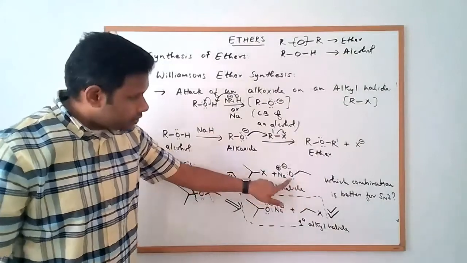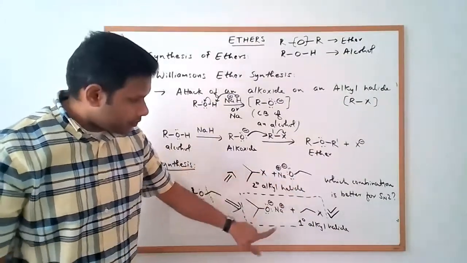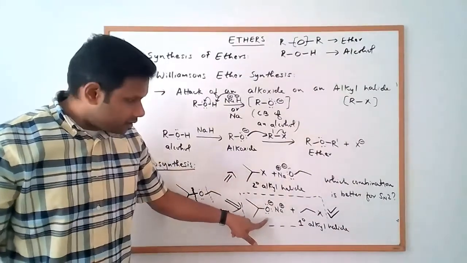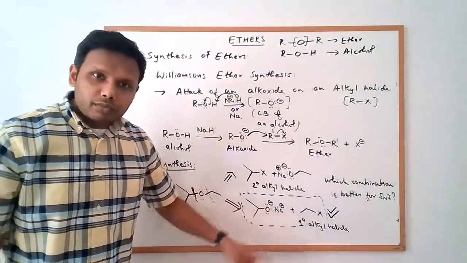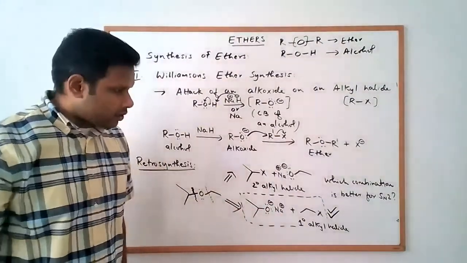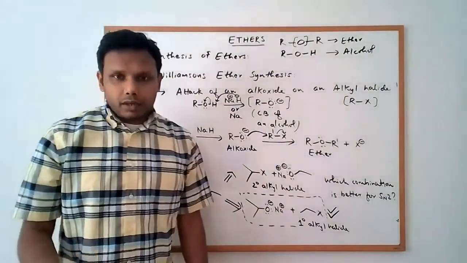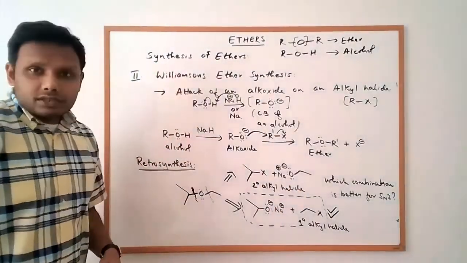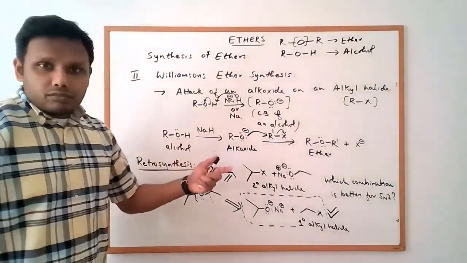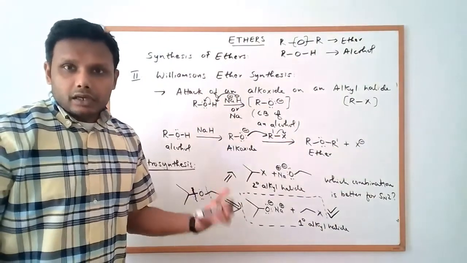All you have to do is remove that negative charge, add a hydrogen to it, and you get the alcohol. If this is the alkoxide, then the alcohol would be isopropanol. Remove that negative charge, one lone pair, and add a hydrogen, and you've gotten the alcohol that you would need. Okay, so that's the retrosynthesis as applied to the Williamson's ether synthesis. And Williamson's ether synthesis, I would say, is the most common way of synthesizing ethers.